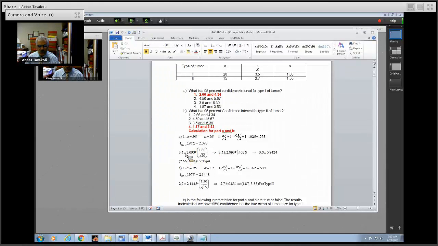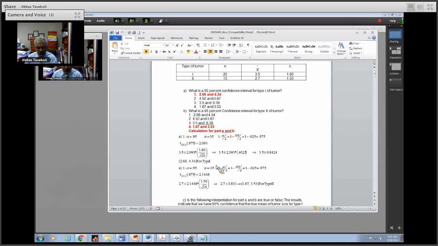Then you use the confidence interval formula: 3.5 plus minus 2.093 times 1.8, your standard deviation, over the square root of n, which is 20. If you simplify that, you get 2.66 and 4.34.